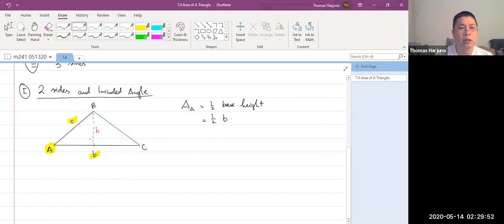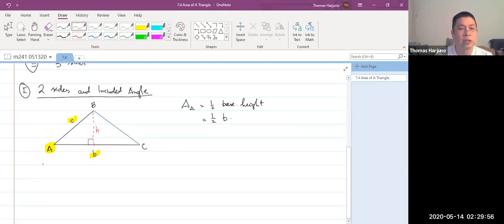Now then I look at this right triangle here. Notice that sine A, let me write it here, sine A is equal to the height over C. Therefore, the height is side C times sine A.